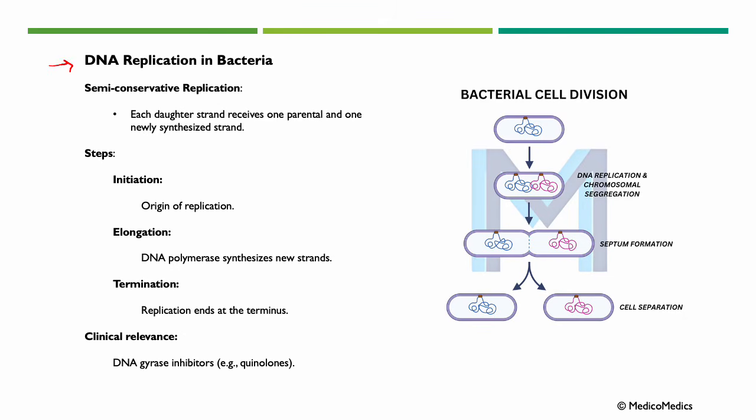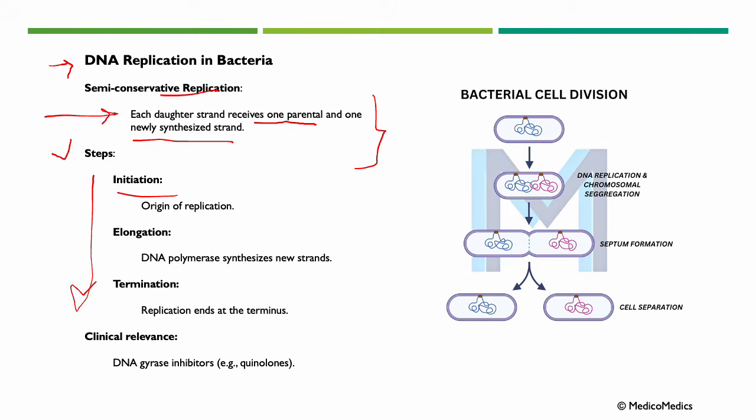Now then, let's take a look at DNA replication in bacteria. We have semi-conservative replication, whereby each daughter DNA molecule consists of one parental strand. So it receives one parental and one newly synthesized strand. This ensures genetic continuity. The steps involved here begin with initiation.